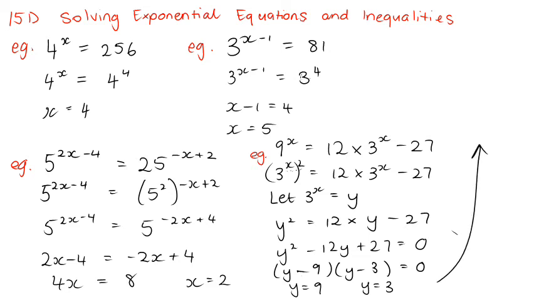Therefore, what did y originally equal? 3 to the x. So we have these two solutions. What's 9 with a base of 3? And what's 3 with a base of 3? 3 to the 1. So therefore, x equals 2 or x equals 1.